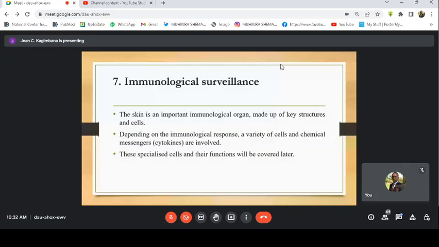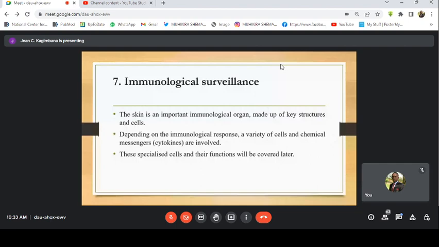Allergens are proteins, and mast cells, when attacked, rupture and liberate histamine, and histamine, when present in the skin, makes the skin itchy. Okay? Now, we return to the immunological surveillance of the skin spread by these cells we have mentioned above.